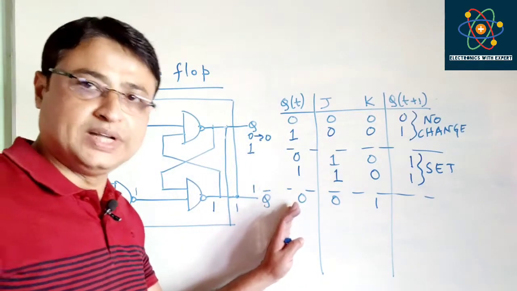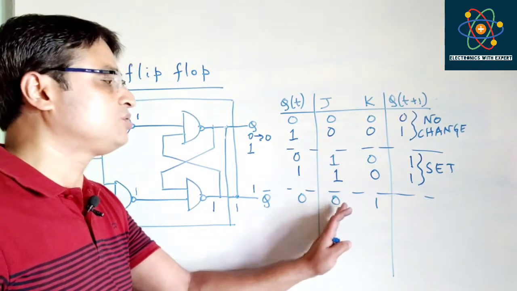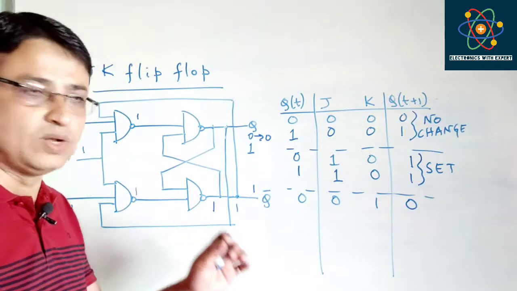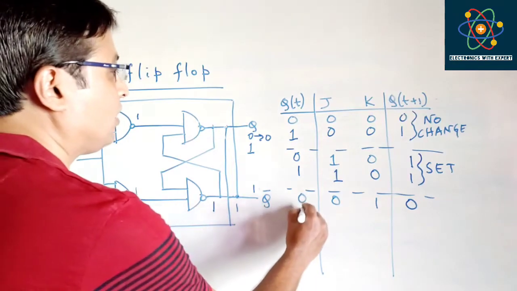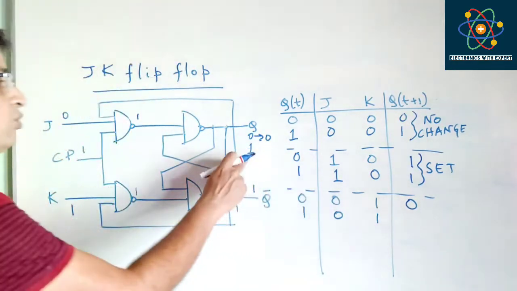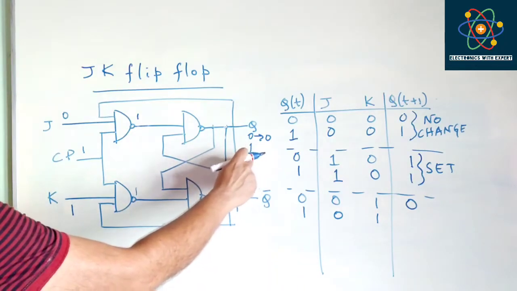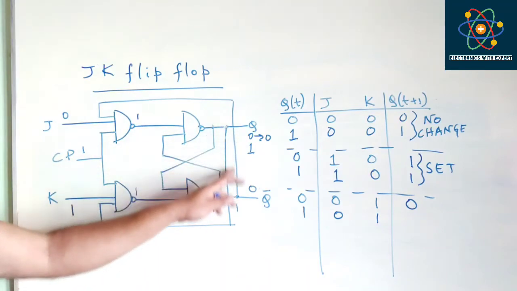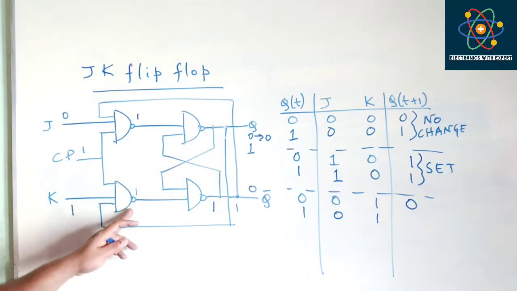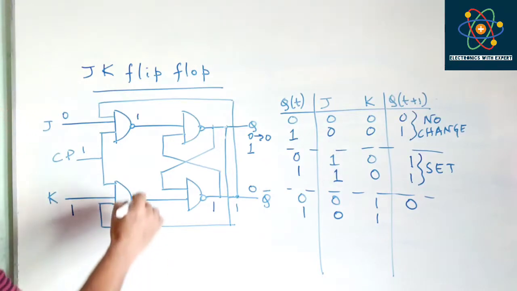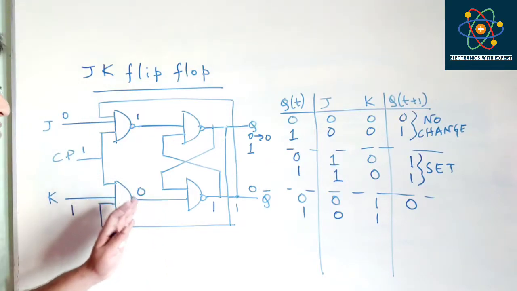So for Qt=0, if J equals 0 and K equals 1, it makes Qt+1 equal to 0. And now for Qt equals 1, again for this case, this 1 makes Q bar equal to 0, and this 1 in this NAND gate input makes all the inputs equal to 1, and that makes this NAND gate output equal to 0.